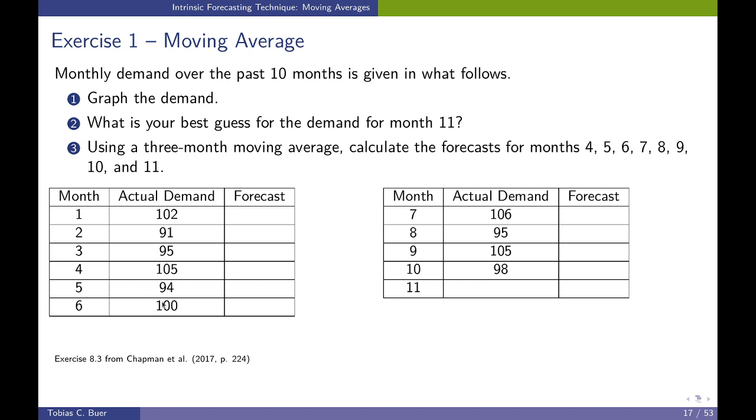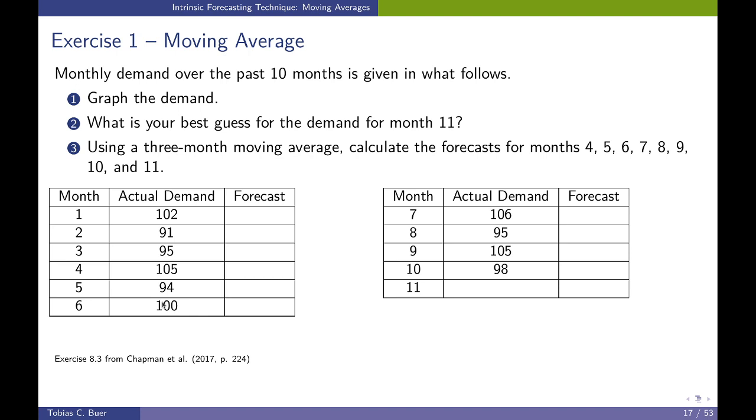So how to calculate the 3 months moving average for month 4? We just take the demand 102 from the first month, plus 91 for the second month, plus 95 for the third month, which is 288.